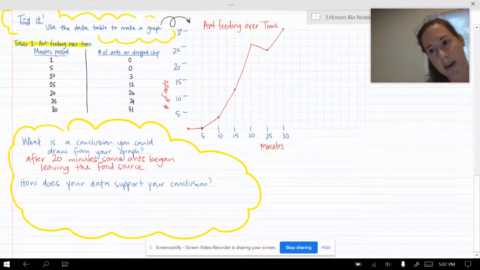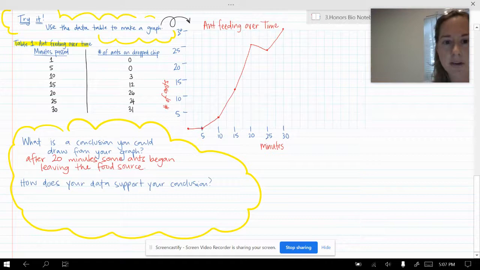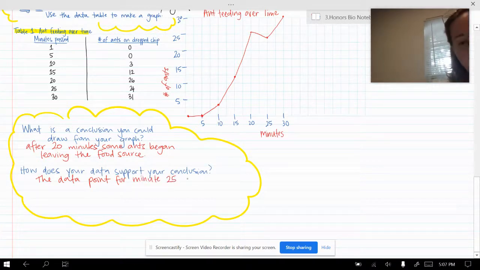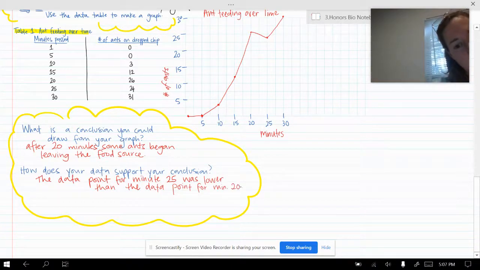And I'm gonna say that my graph supports that because the data for minute 25 was lower than the data point for minute 20.